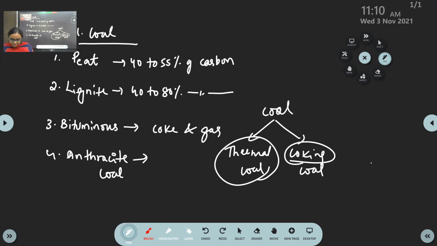Next point, put a star mark here, very important. Indian coal has high fusion temperature and high ash content.